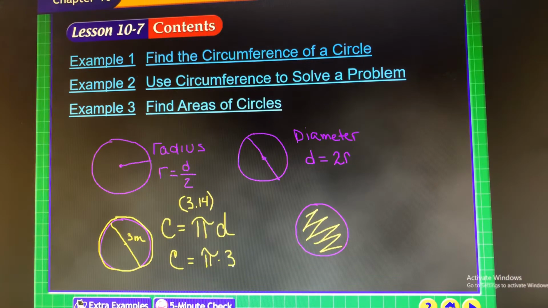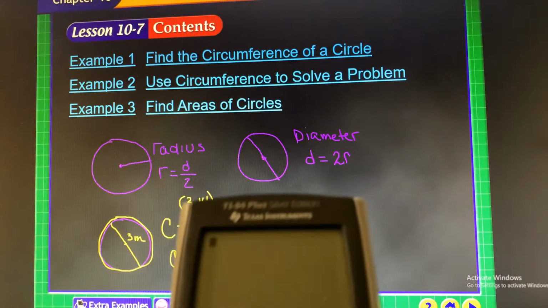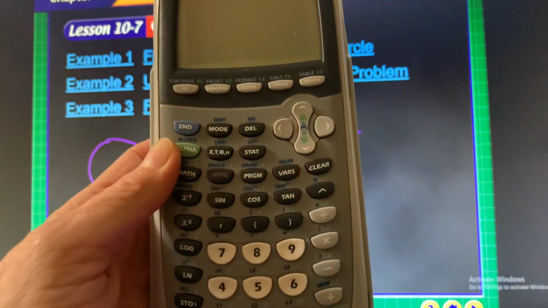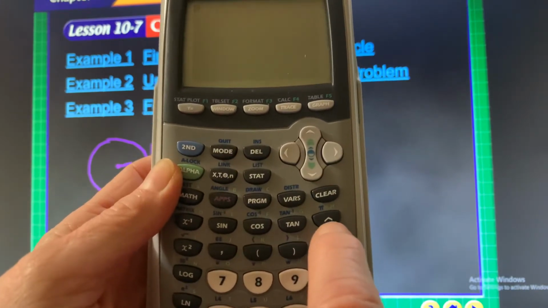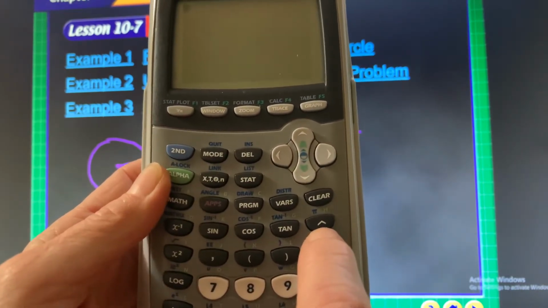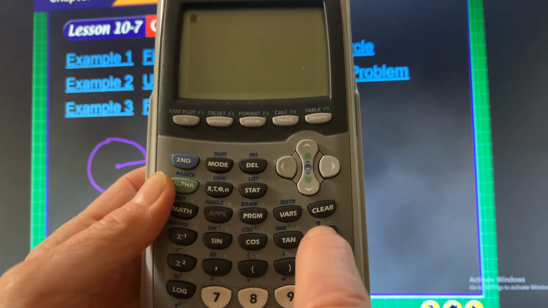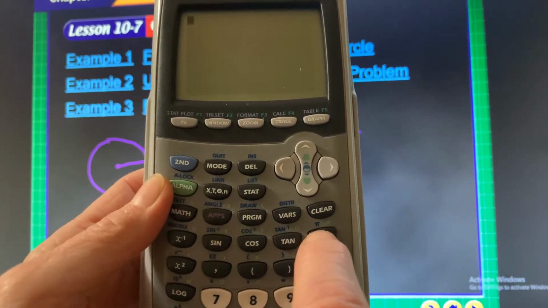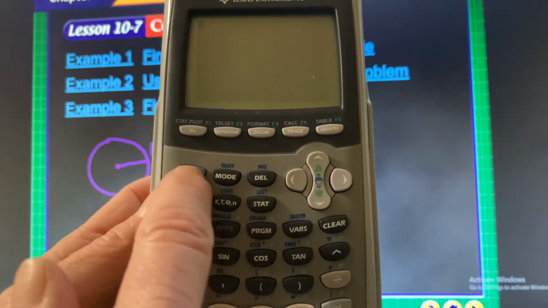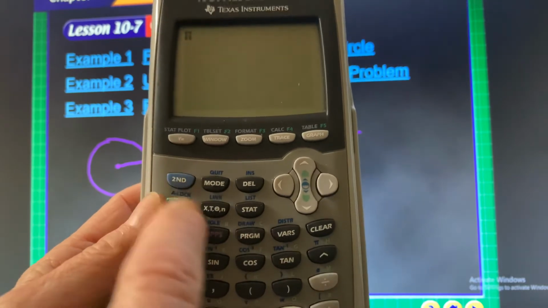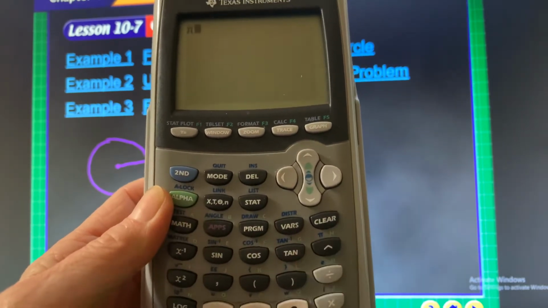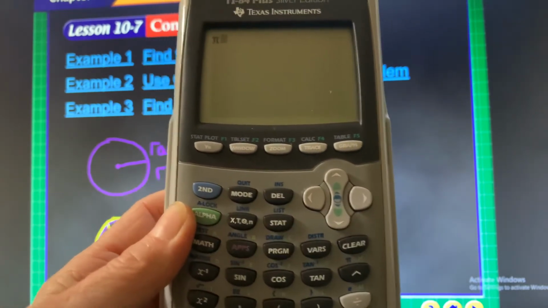I'm going to show you where on this calculator right here, if you look, this is called the caret key. That's the power key. Up right above it in blue is the pi button. So on the calculators that you use in the classroom, you would hit the second key and then the caret key, and you have pi. And then you just hit 3.